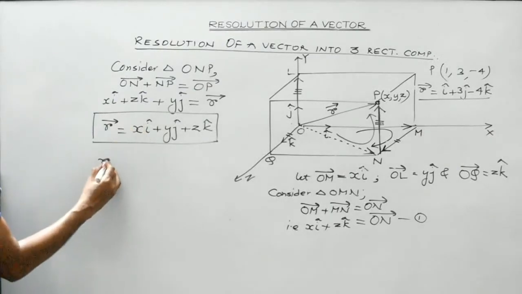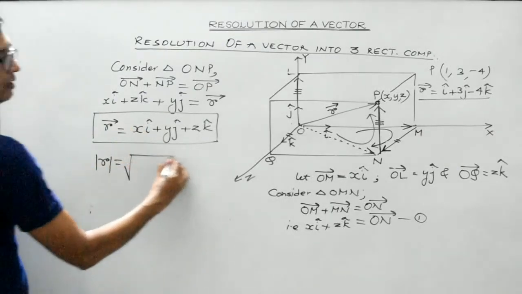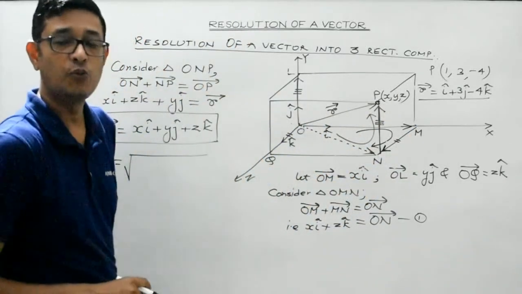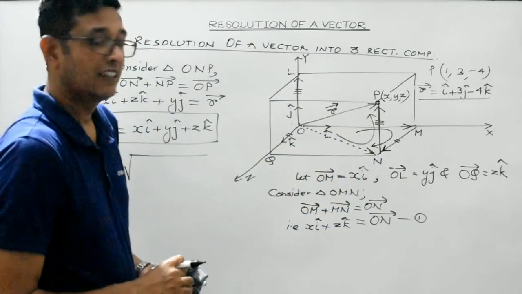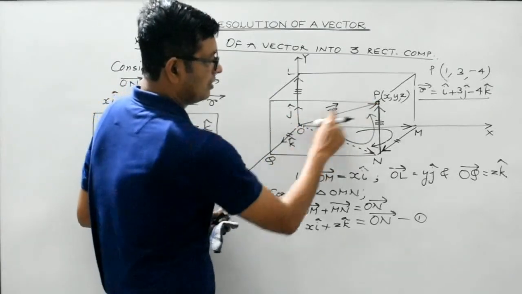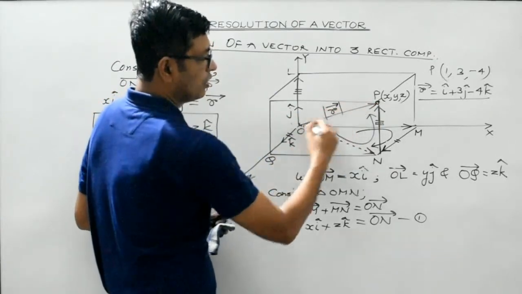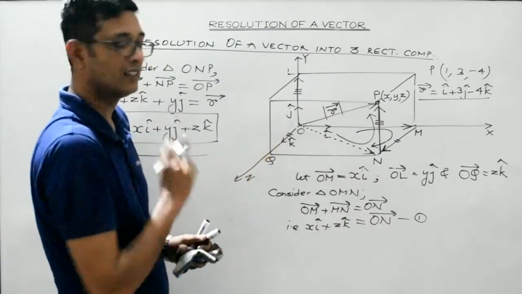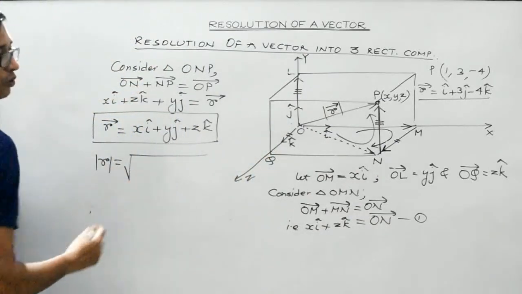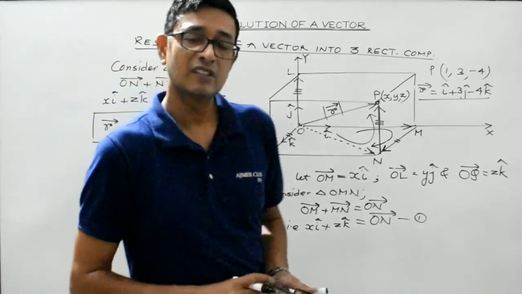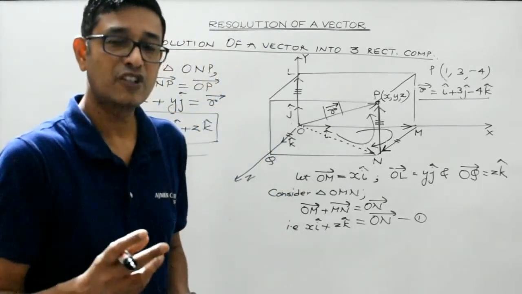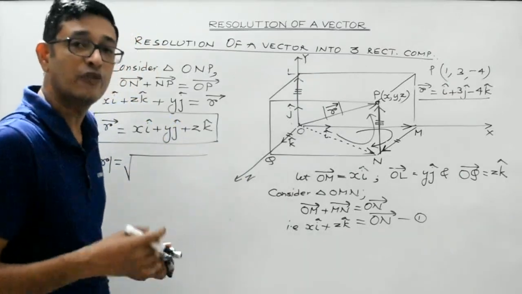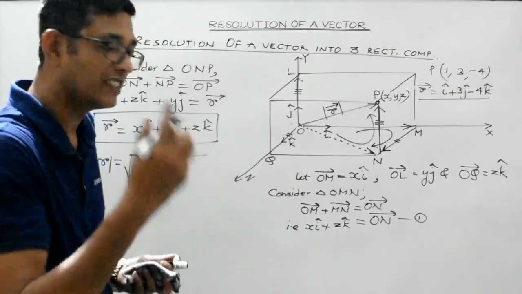Right, students? Now let's find its magnitude. The magnitude of R will be equal to the diagonal of the cuboid of dimensions x, y and z. And you are aware, students, if a cuboid has dimensions x, y, z, then the diagonal of the cuboid is given by the square root of x square plus y square plus z square.